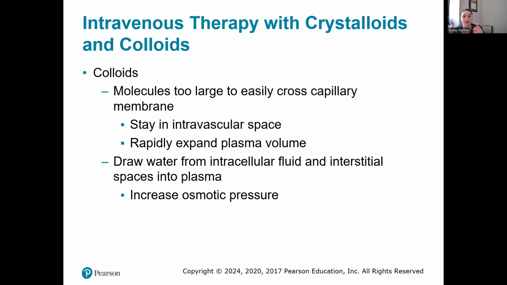So remember, the way this is different from isotonic, okay, is that isotonic doesn't let anything move. Everything stays in its own compartment. This will pull the water from everywhere else and put it in your plasma and keep it in the plasma, okay? So that's how they're different.